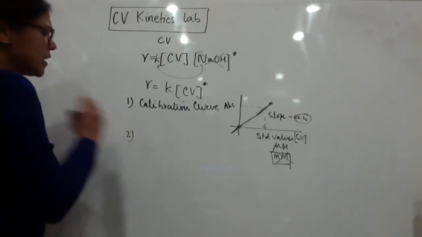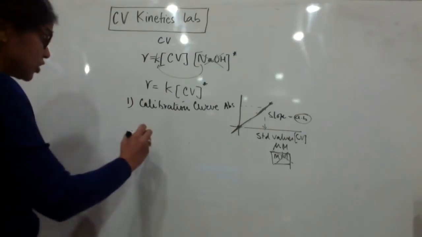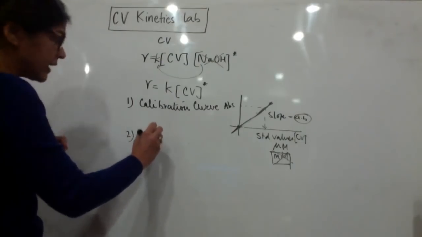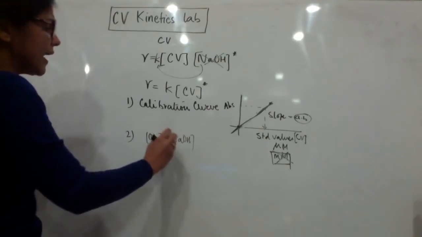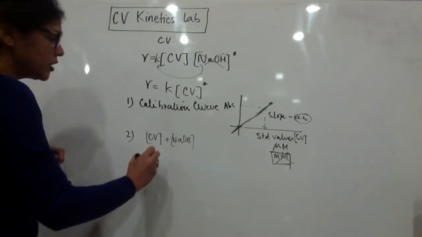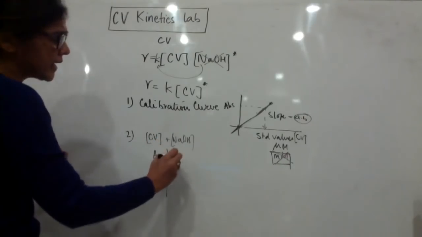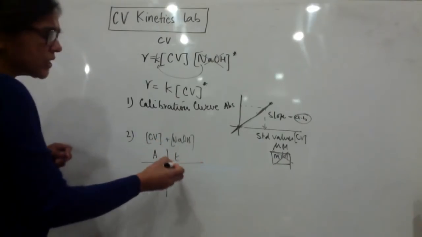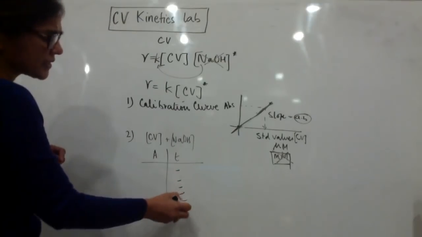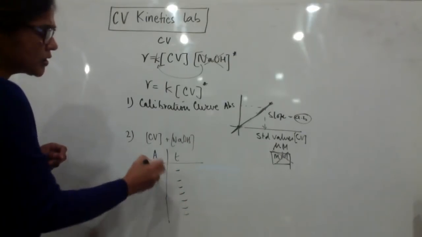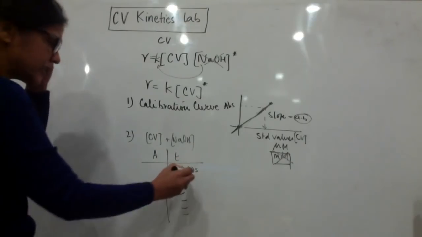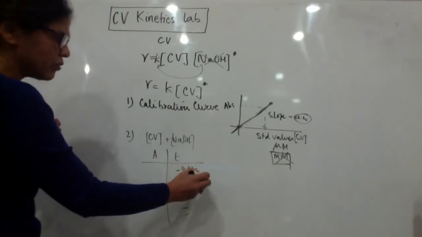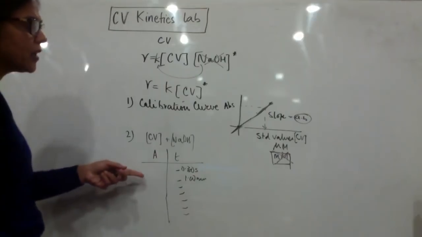So then what you did is you mixed crystal violet with NaOH, and then you measured absorbance and time data. And you did it for at least 6-7 data points. What was the absorbance every 30 seconds, right? And then 1 minute, right? And then 1:30 and so on.